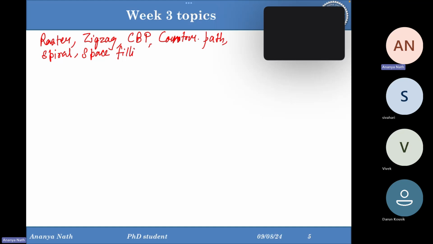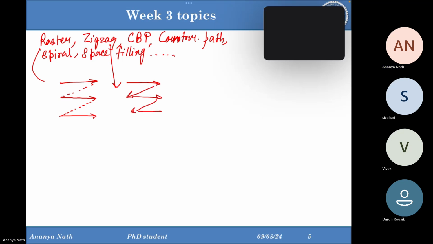These are different types of hatch strategies. In all these hatch strategies, the nozzle is moving in a particular manner and the material is getting deposited. For example, in raster, the material is getting deposited, then the nozzle is coming back. Here no material, then again material deposited, the nozzle is moving back, again material deposited. And in zigzag the material is getting deposited continuously.